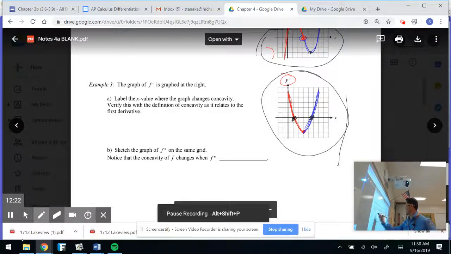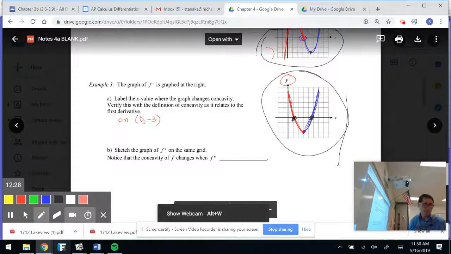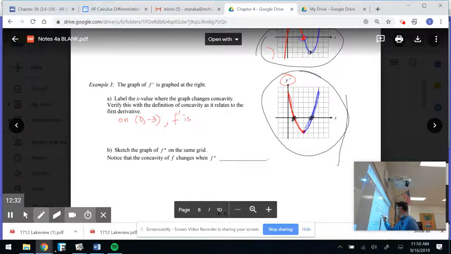On the interval from 0 to -3, f prime is decreasing. And since f prime is decreasing, we say that f is concave down. Remember, we're always using information to tell us information about the original graph.